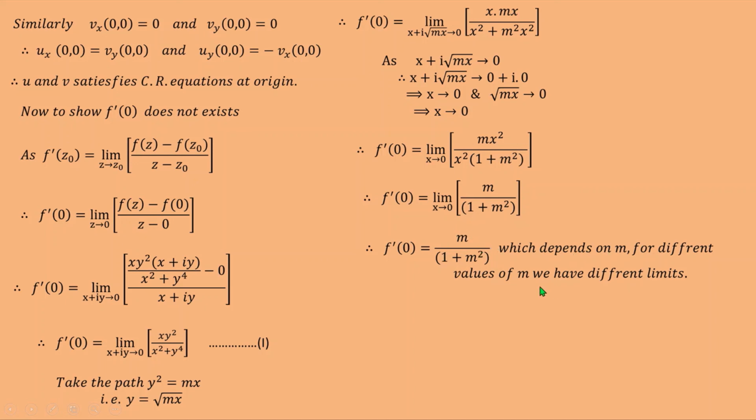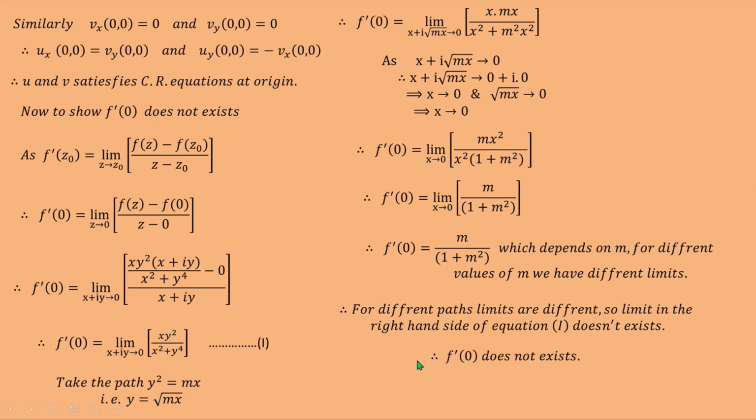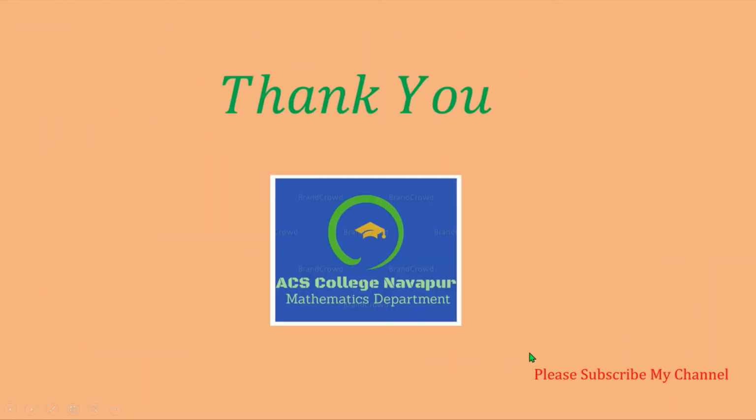For different values of m, we have different limits. That is, this limit does not exist, meaning the limit on the right hand side of equation 1 does not exist, meaning f dash 0 does not exist. And therefore, here u and v satisfy the CR equations at the origin, meaning z equal to 0, but f dash 0 does not exist. And therefore, the converse of that theorem is not true here also.